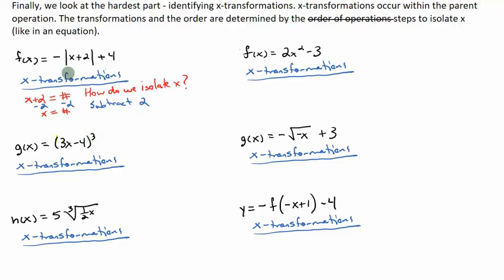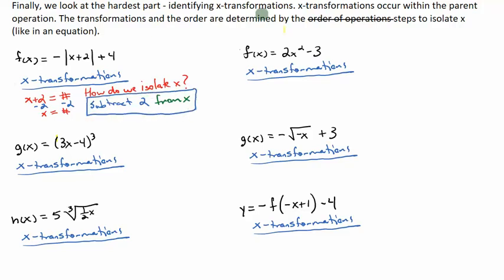Now just like before, since these are x transformations, I would like to include the word x somewhere. So I'm going to say subtract 2 from x. Not absolutely necessary, but strongly recommended so that you don't get these operations mixed up with your y transformations. Okay, the next example, so this is our one x transformation.